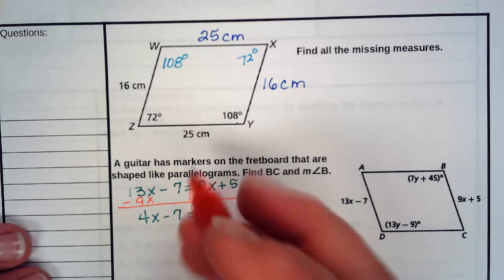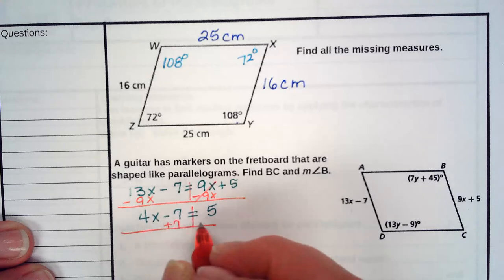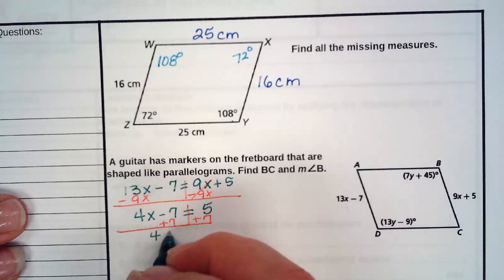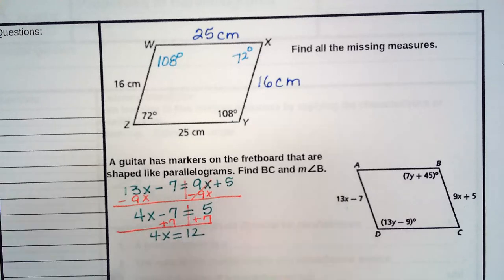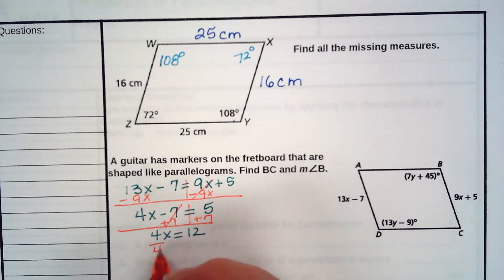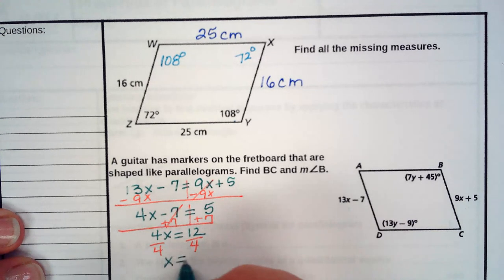Now, I need to add 7 to both sides. 4x is equal to 12. Divide both sides by 4. And x is equal to 3.